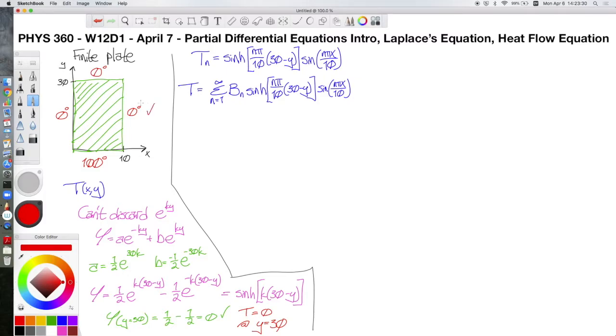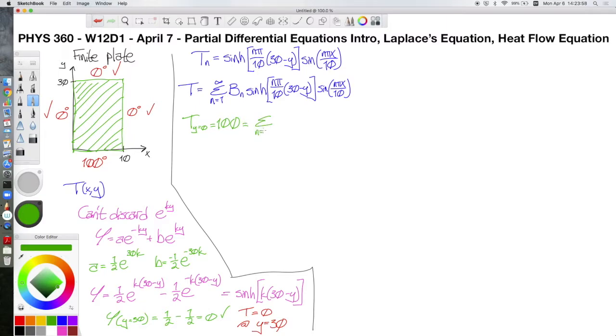We already satisfied the two sides of the plate by choosing sine and taking k equal to n pi over 10, and we satisfied the top through this definition of y in terms of a sinh function. So now we need to satisfy our bottom boundary condition. The temperature evaluated at y equals 0 has to give us 100. So let's write that expression.